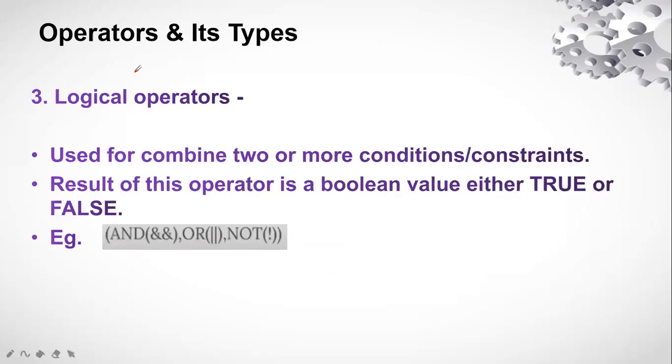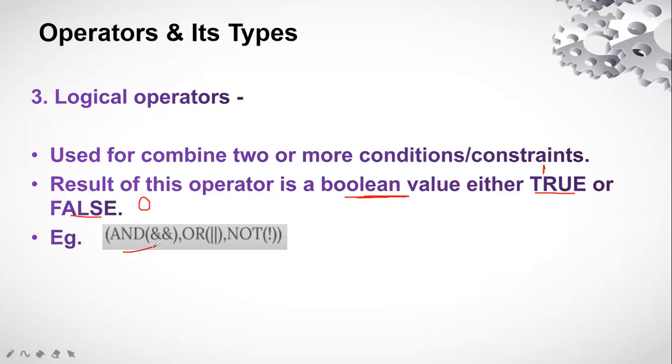Fine. Third, we have the logical operators. Now, what are logical operators? These operators combine two or more conditions, and the result is always a Boolean value. What are the Boolean values? It is either true or false, defined as 1 in machine language for true and 0 for false.